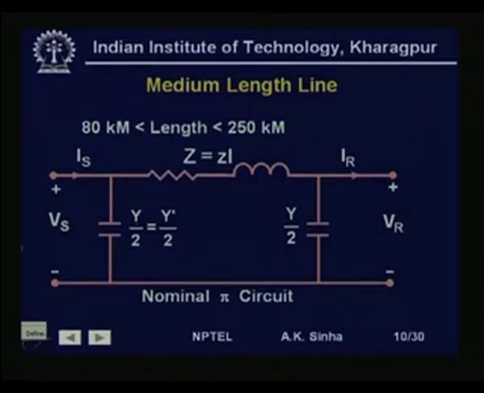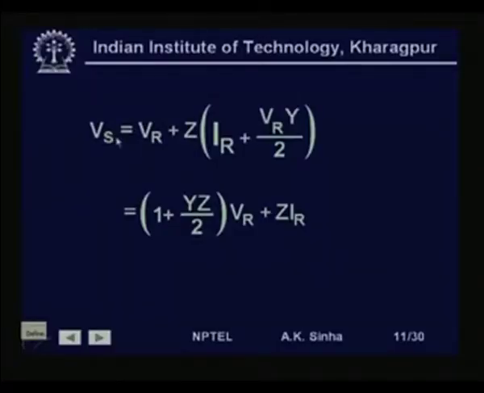Again here we have a 2 port network with Vs, Is, the sending end voltage and current, and Vr, Ir, the receiving end voltage and current, and we can use the ABCD parameter model for this. Vs from here we can see is equal to Vr plus Z into Ir plus Vr into Y by 2.